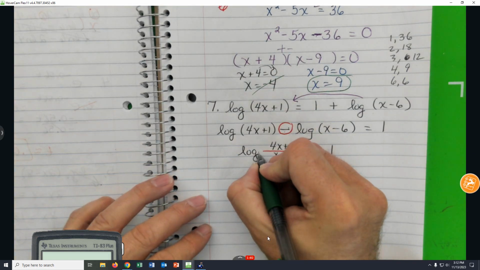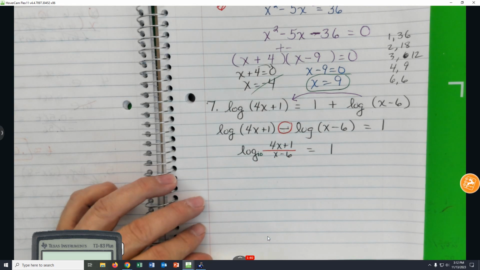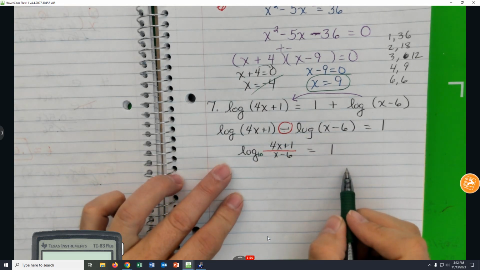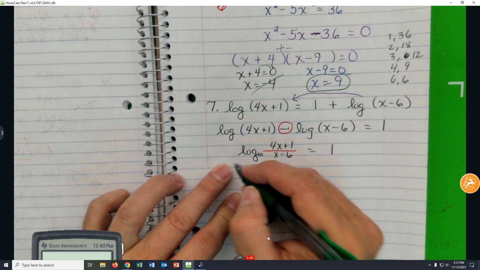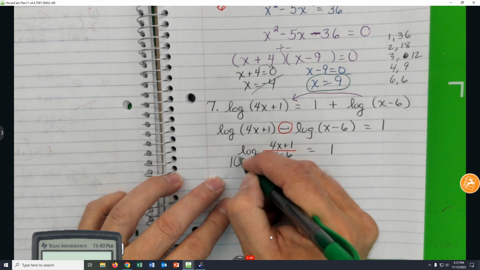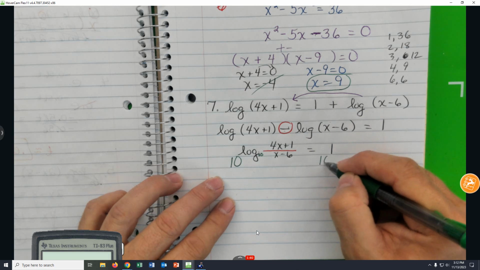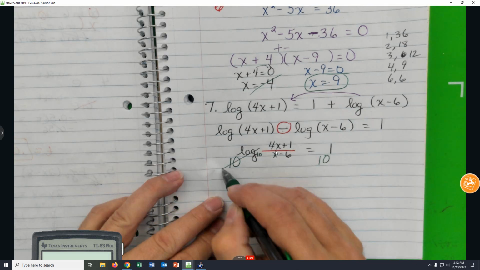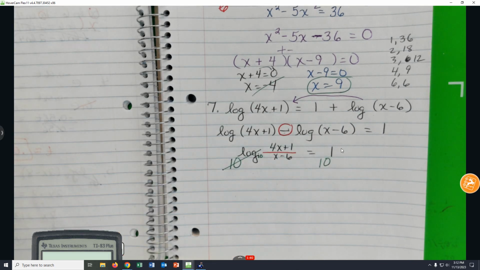So the little number right here is a 10. So what big number am I going to put on both sides to cancel out that logarithm? 10. All of that stuff right there became exponents to base 10, canceling out the log notation.